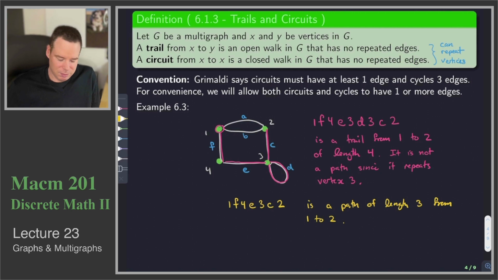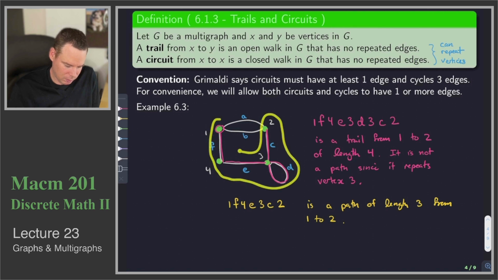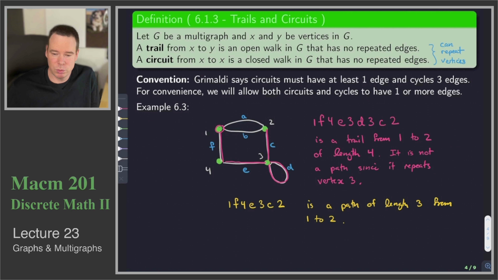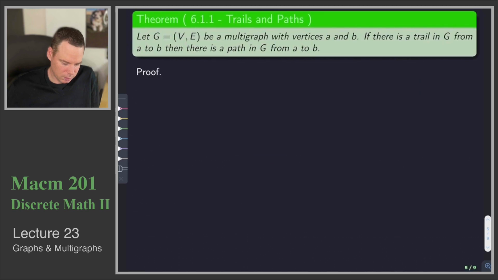And what this tells us, at least in this example, is that I had a trail in this graph, and I was able to throw some stuff away from it and reduce it down to a path. And that actually turned out to be a general result. This is our first theorem, theorem 6.1.1. Let G be a multigraph.